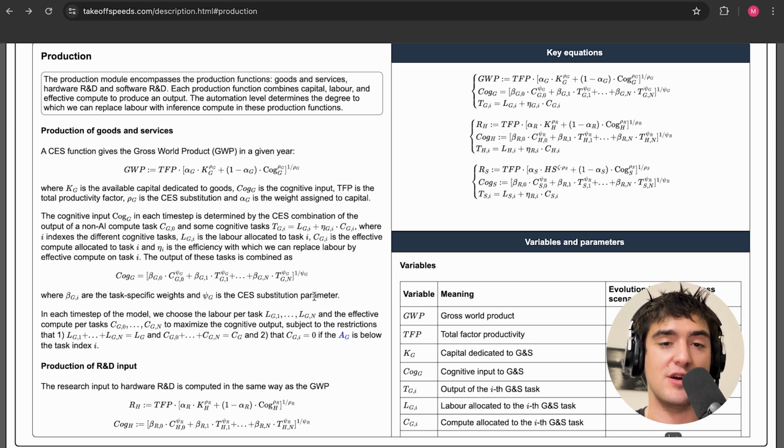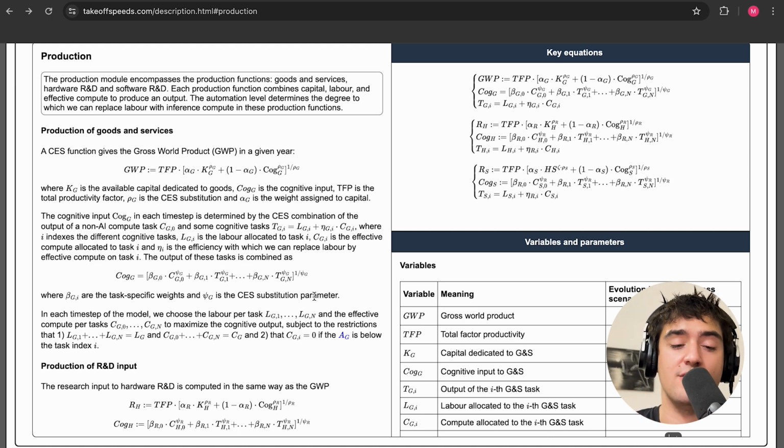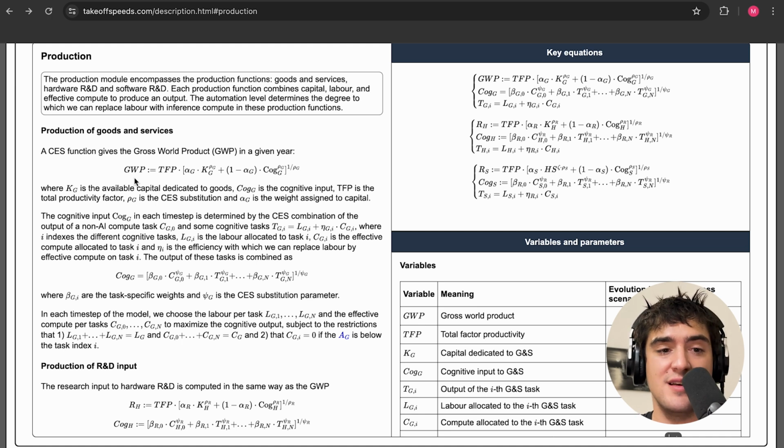And if you have never studied economics, you will feel that these equations are very complex, but actually they're pretty simple. So I'll just give you the core intuitions behind it, and you can look into them in more detail later on. These equations just tell you that your GDP depends on the capital that is being spent on goods and services and the amount of cognition that goes into goods and services, where cognition here is just some aggregate that tells you both what our AIs are doing and what humans are doing.